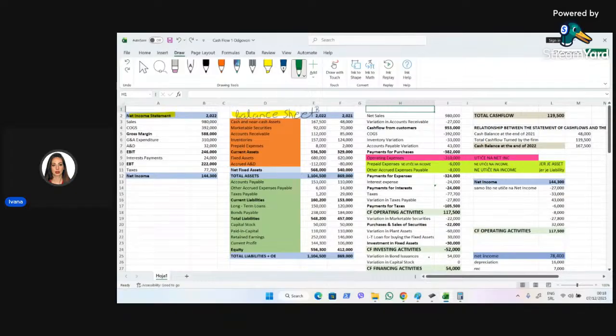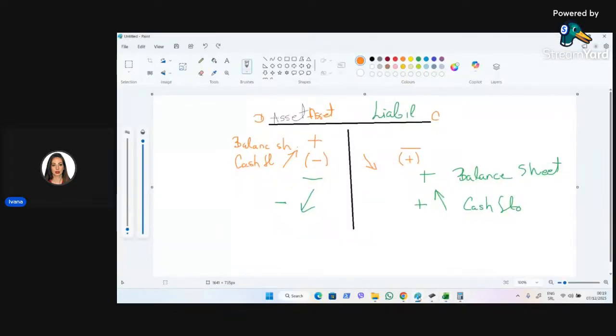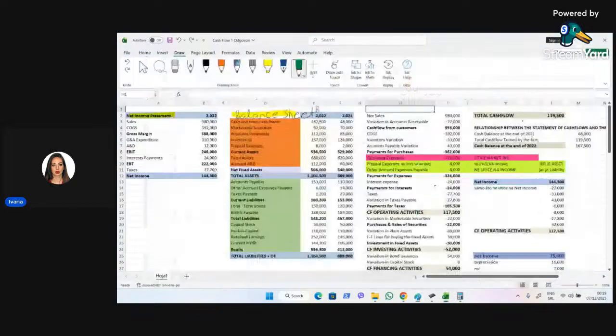The variation in bond issuances, bonds here. It's rising and it's plus. For the liability, you can have check here, of course, rising and it's plus for the liability.